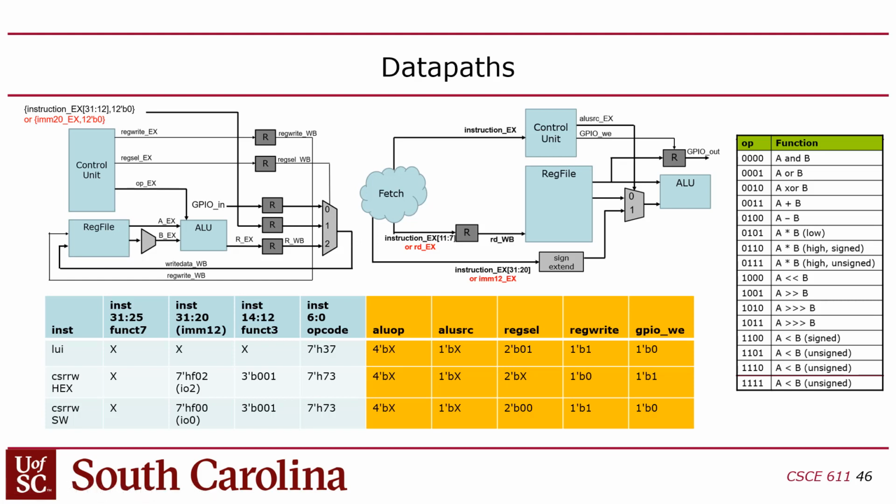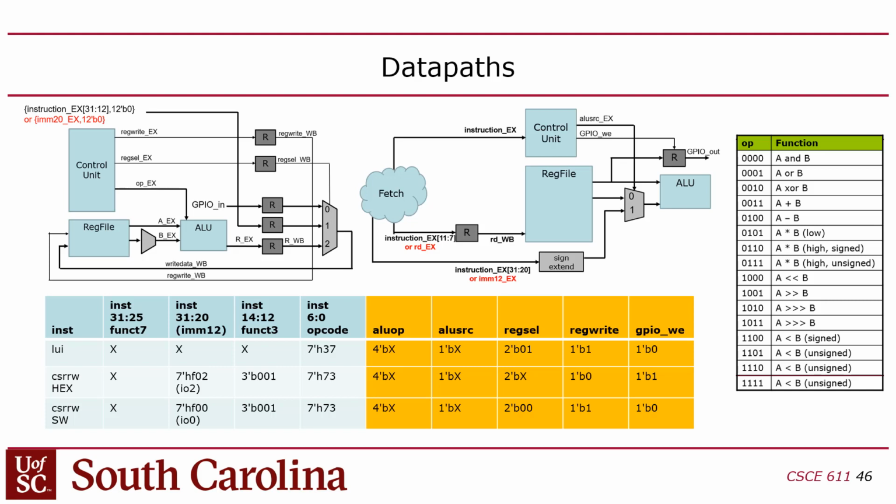So this mux, if you tell this mux to select input 1, it comes from another crazy wire that originates all the way to the left, and it's instruction EX[31:12] concatenated with 12 zeros. So what is that? That's the immediate 20 field from the U-type instruction. It's the upper 20 bits, immediate 20, with zeros attached to it, concatenated.